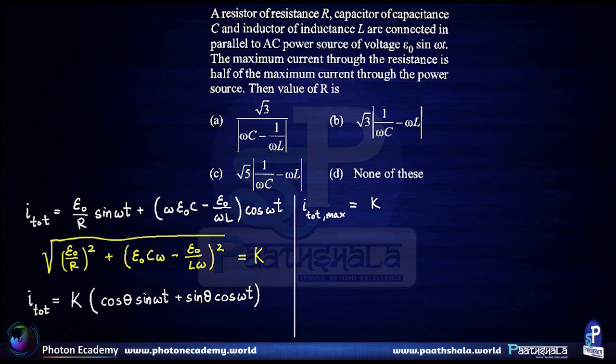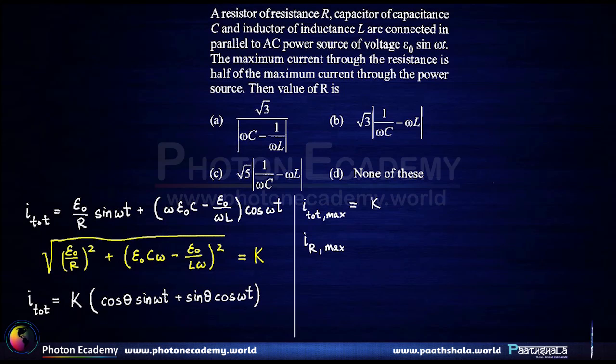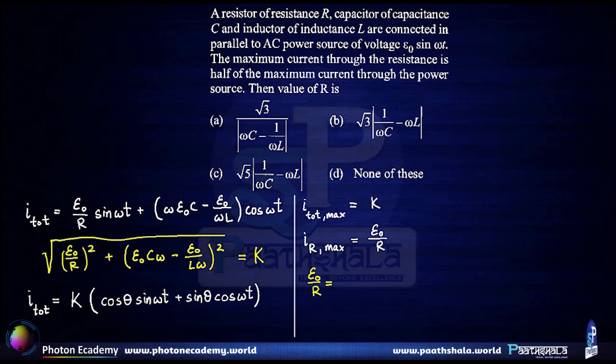The maximum value of I total is K, and the maximum value of the current through the resistor is equal to epsilon naught by R. And we are given that the maximum current through the resistance, which is epsilon naught by R, is equal to half of the maximum current through the power source, that is 1 by 2 K.